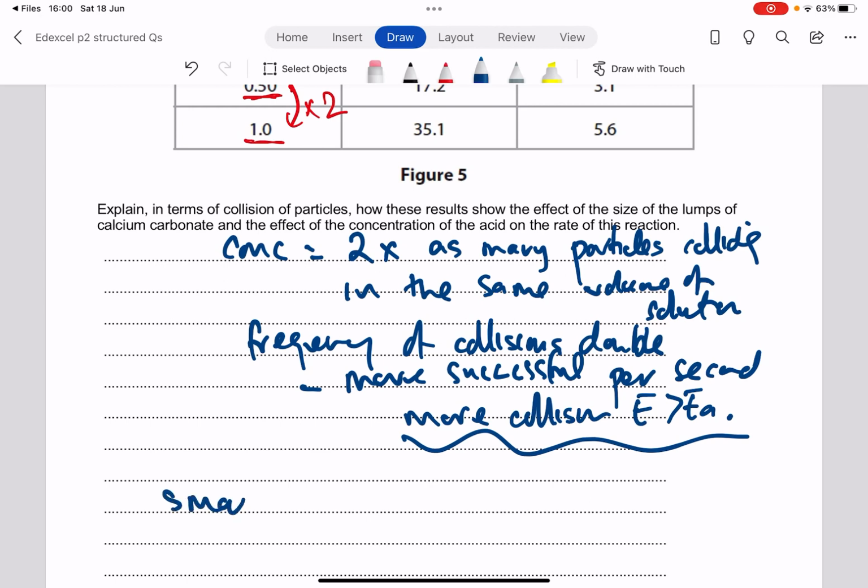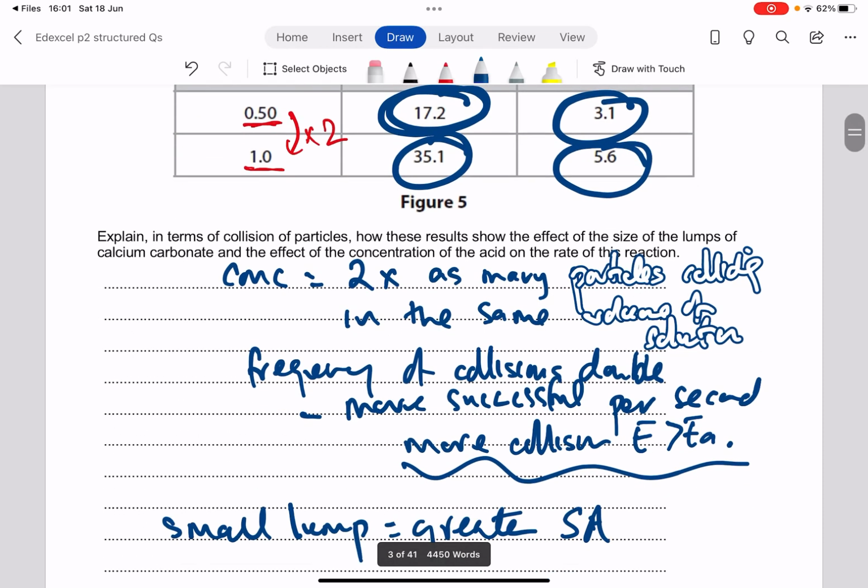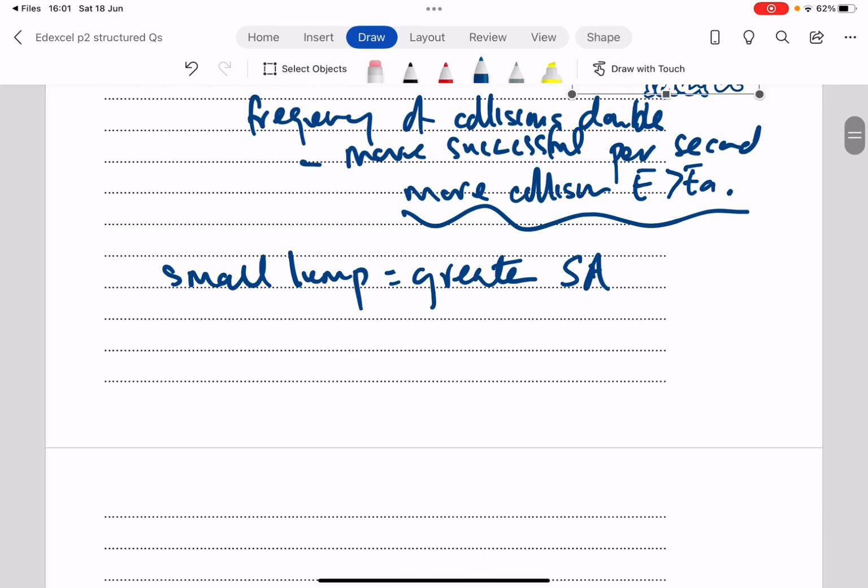What about surface area? So small lumps have greater SA, surface area. So now look here, volume of gas collected, more volume collected compared to large lumps. And again, you can see here, small lumps, greater surface area.